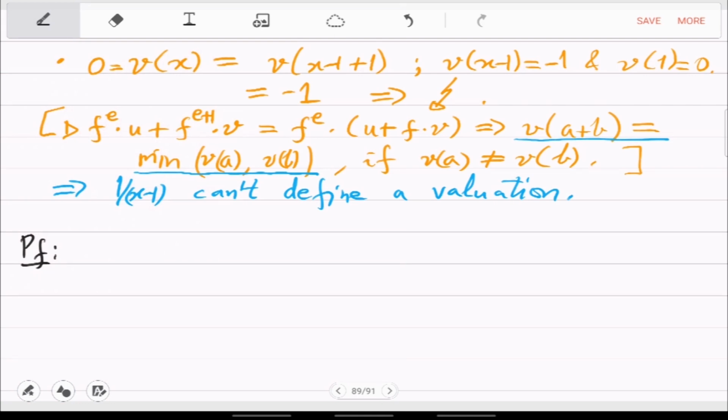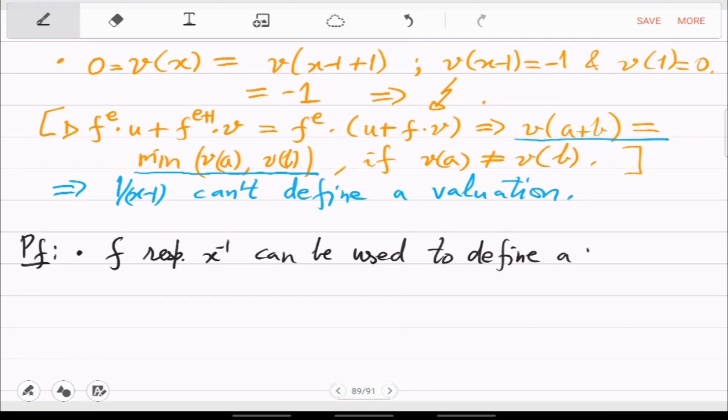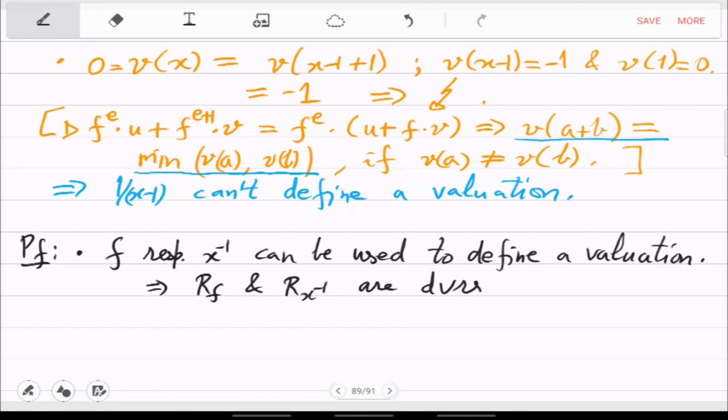Okay, so we have to prove this. The proof is similar to the prime case. f, respectively x inverse, can be used to define a valuation. So basically R_f and R_x inverse are DVRs.